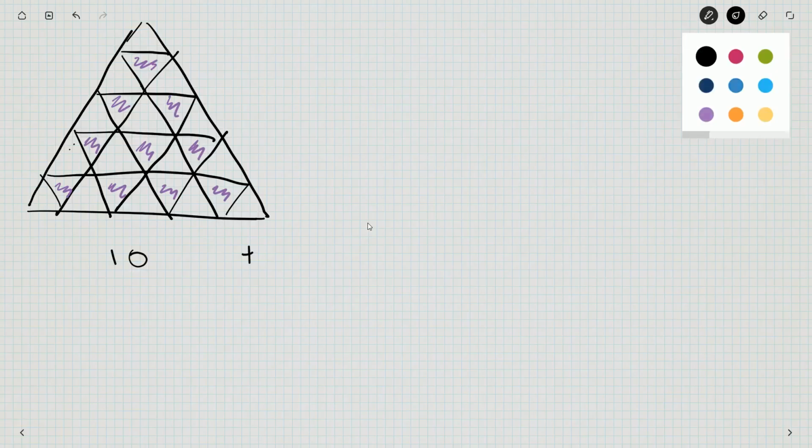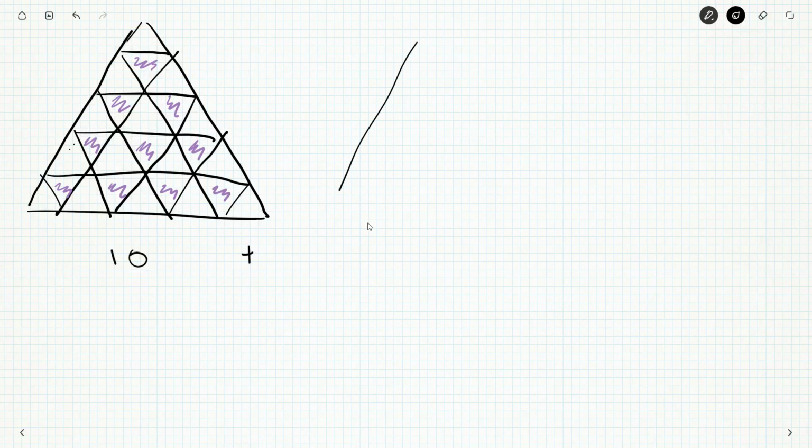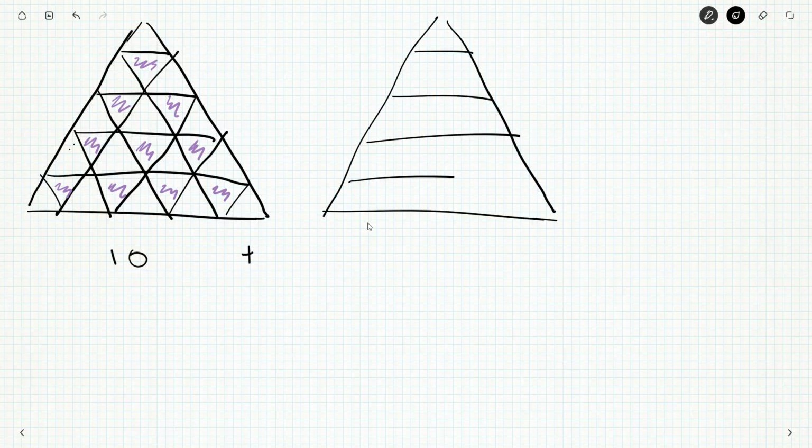Okay? So let's draw another one. I don't think we're going to get any size 3 ones this time. But next time, certainly. So for F6, we should be able to.